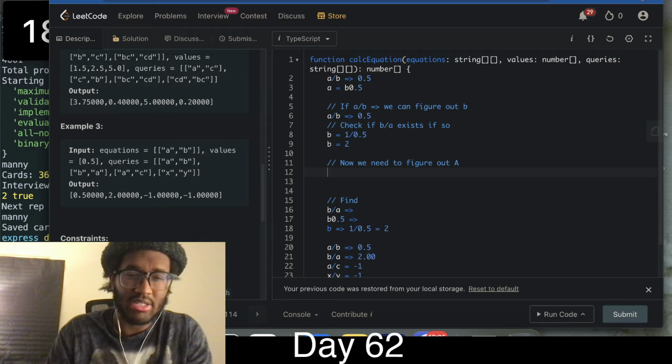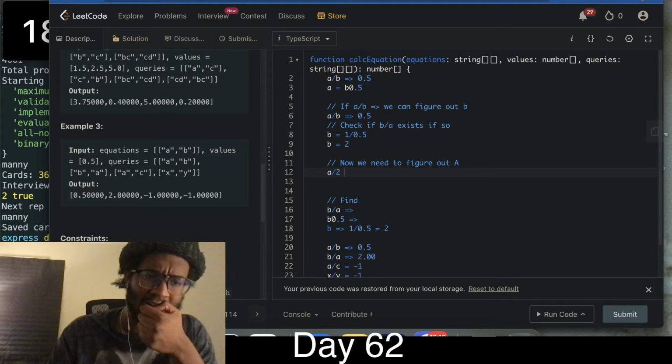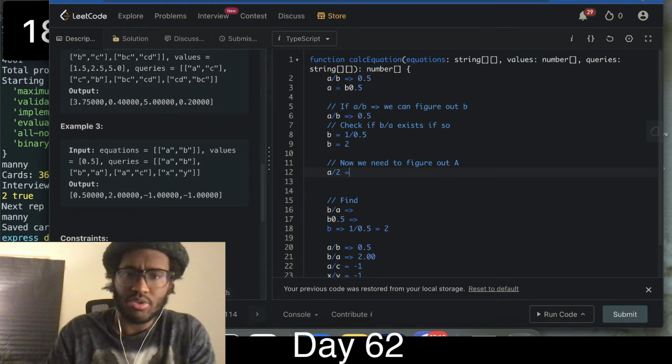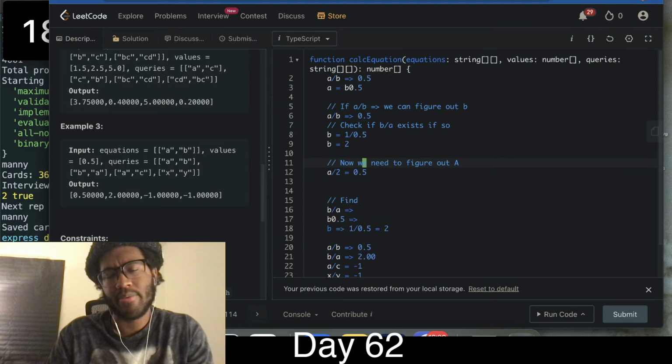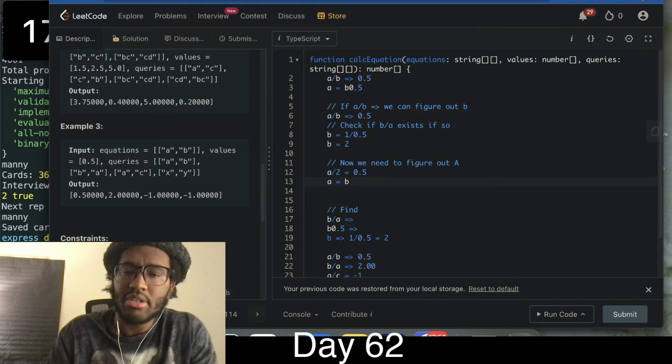Now if we know that a over 2 equals 0.5, which means that a is equal to b times a over b.